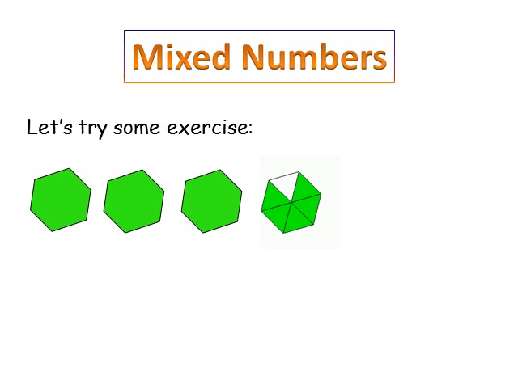And for the last figure, you can see it is divided into 6 parts, and only 5 parts are shaded. Okay, so these 3 hexagons, that's 3 whole hexagons, and this one, since it's divided into 6 parts and only 5 were shaded, so that is 5/6 of a whole. Okay, so therefore this figure is 3 and 5/6.